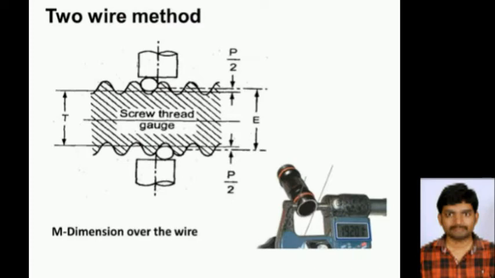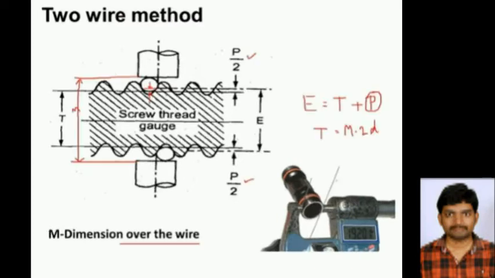We can measure the M value, that is the measurement over wires. This can be measured using the micrometer. Then the effective diameter is calculated, where T is the measurement under rollers.